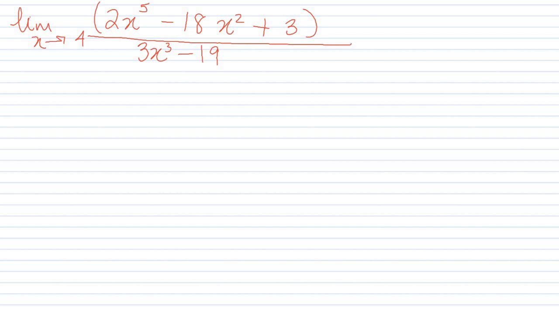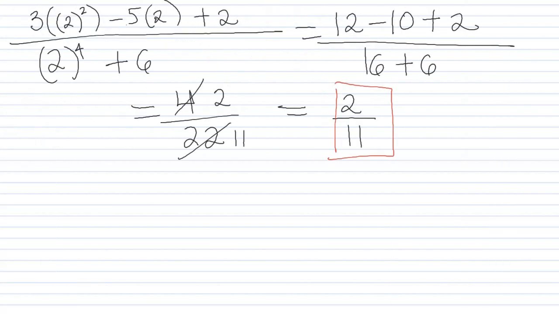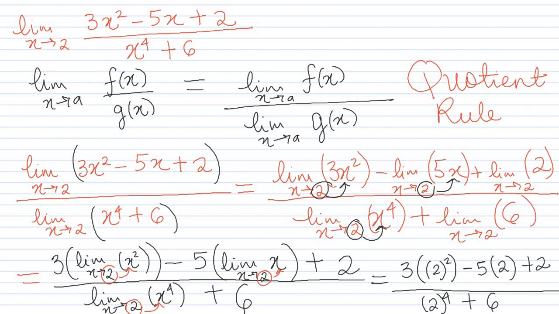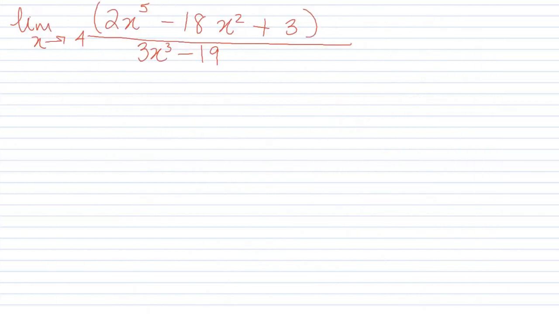Now, because you can see that we have a numerator and a denominator, what we have to apply is basically the quotient rule. So the first thing you do when you're applying the quotient rule is basically apply the limits in the numerator, just like we did in the previous question here, and also apply the limits in the denominator. And then that's the first thing you have to do before you can go ahead and successfully start solving.